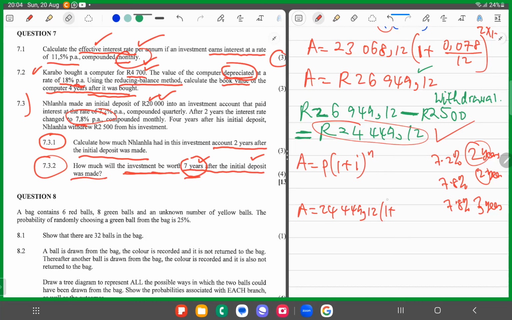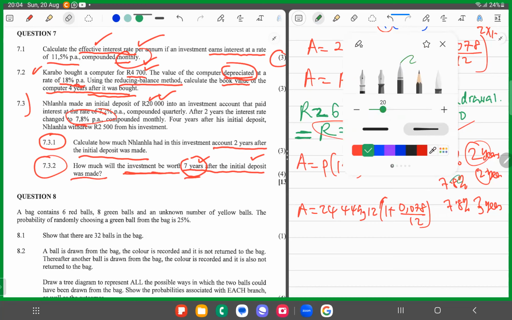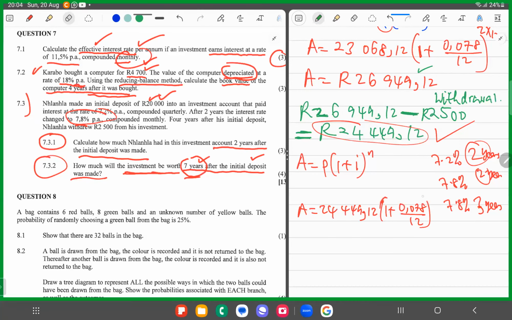And then the interest rate was exactly 0.078 divided by 12. And then you have by 12, which means now when you multiply everything, it is 30,871.61.